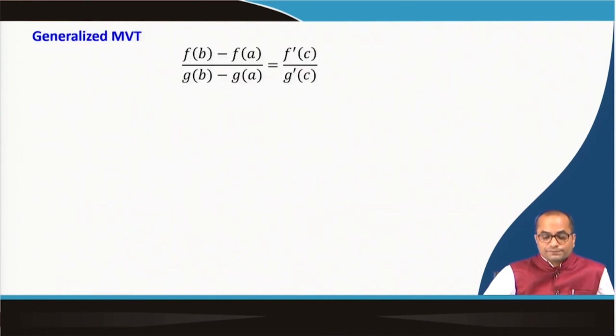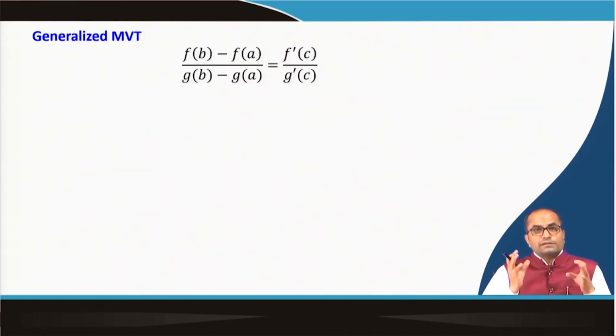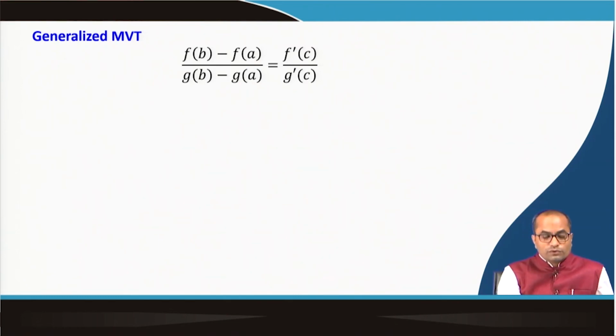So, for instance, the slope at this point is equal to the slope joining the two end points. What we have seen is the generalized mean value theorem, the so-called Cauchy mean value theorem, where the statement, under continuity and differentiability, is that (f(b) minus f(a)) over (g(b) minus g(a)) is equal to f prime(c) over g prime(c). Why is it generalized?